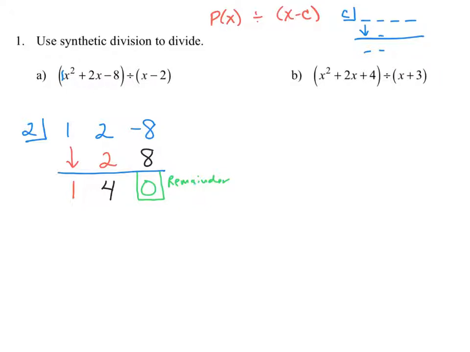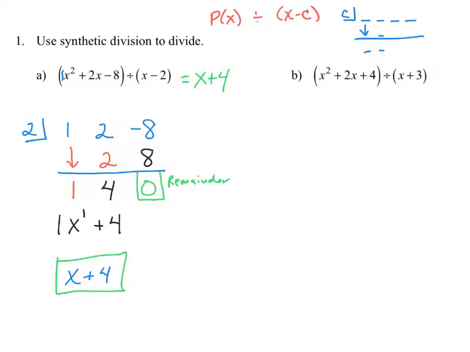So the answer is 1x to the first power plus 4 with a remainder of 0. And we can write this answer as x plus 4. So the polynomial x squared plus 2x minus 8 divided by x minus 2 is x plus 4.